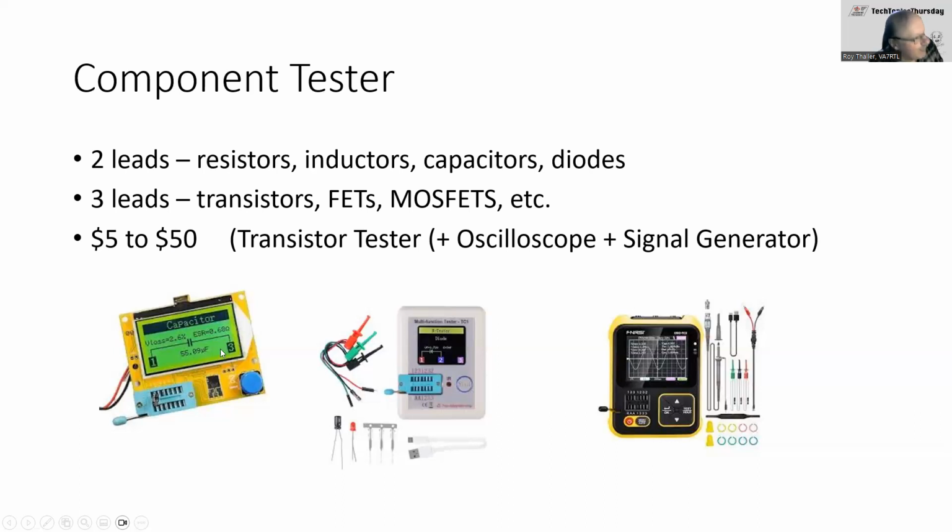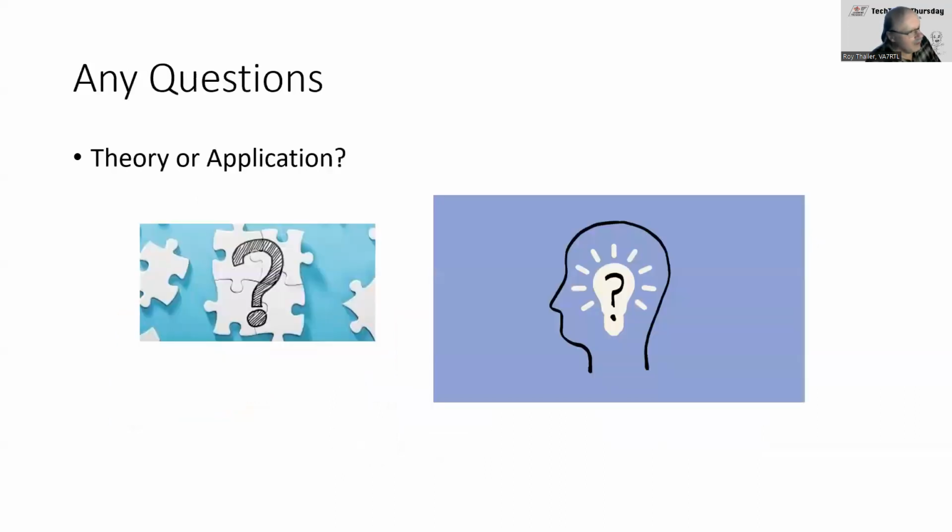So when we look at capacitors and inductors in series and in parallel, this is a simple way of measuring it without spending hundreds of dollars on an expensive LCR type of analyzer. We'll just use this. And the one I've got here cost me about $5. So any questions on that before we get into the actual demonstration?